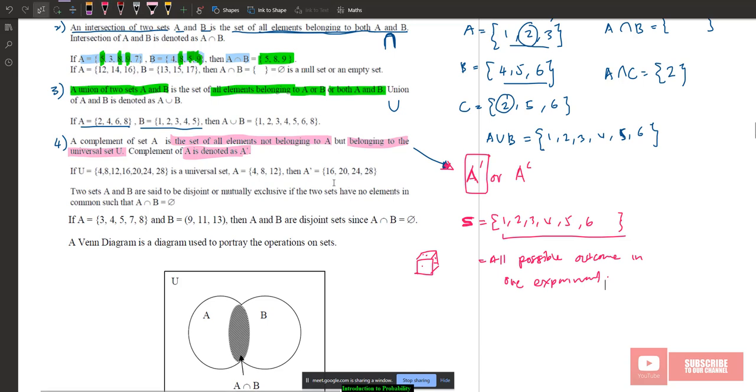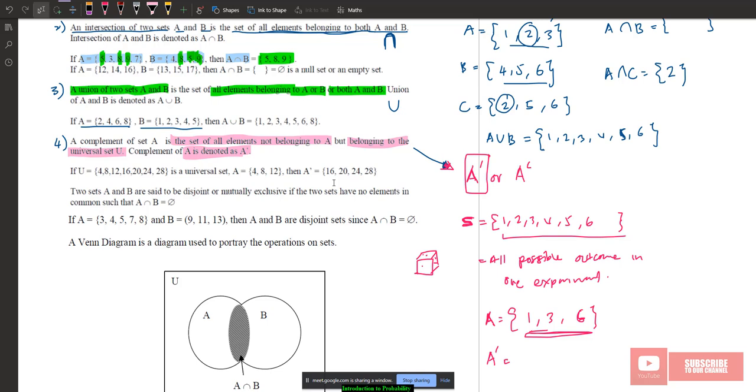So now let's say I'm rolling a die. Set A is equal to, I am rolling a die 3 times, let's say I got 1, 3 and 6. So this is A. If I want to find A complement, it means the elements that do not belong to A but are in the sample space.